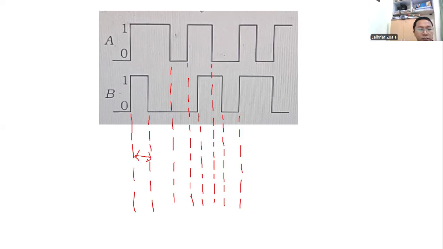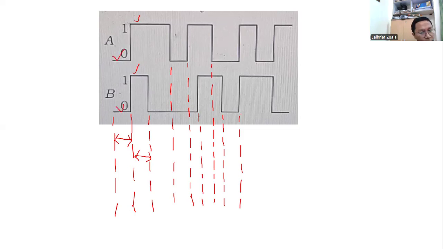between this interval, this arrow, you find that A logic input is 1, B logic input is also 1. So when both the logic inputs are 1, the output should be 0. If you remember, here, like the first interval, both A is 0, B is 0.